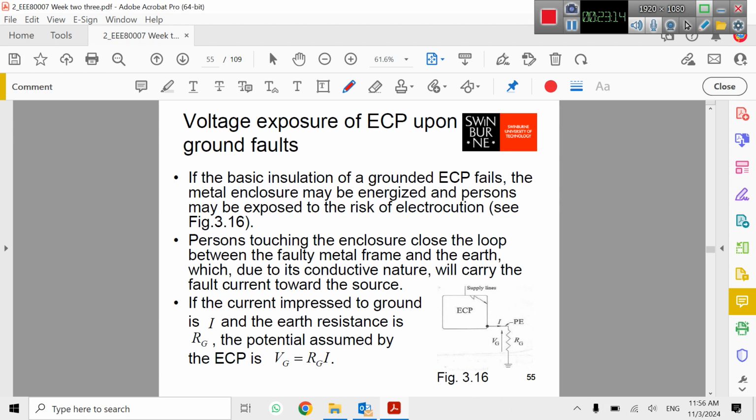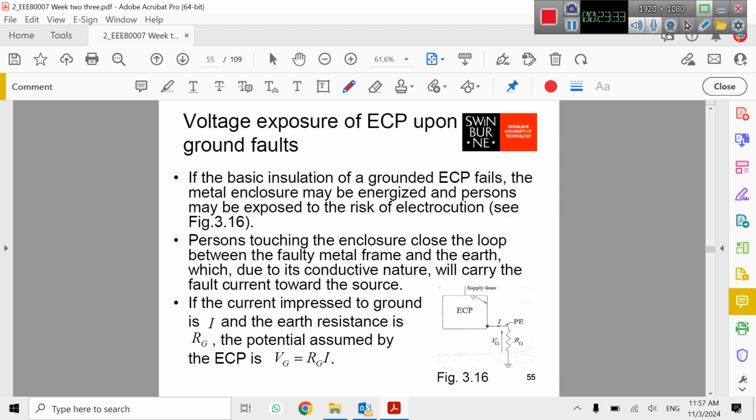As you can see here, RG is the ground resistance, VG is the voltage of the ground resistance, or ground potential, and I is the current given by the fault.